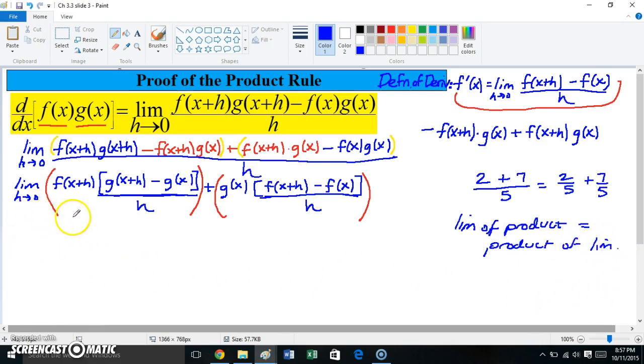So what I'm going to do is take the limit of this first term. The limit of f of x plus h as h goes to 0 will be f of x. Then the limit of g of x plus h minus g of x over h. Let me write that for you.